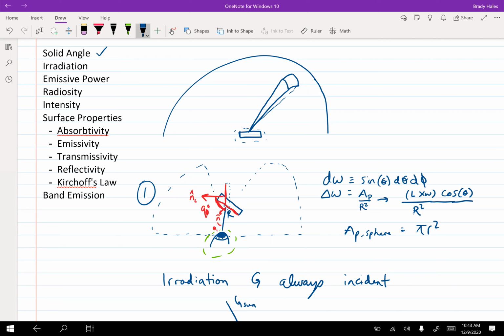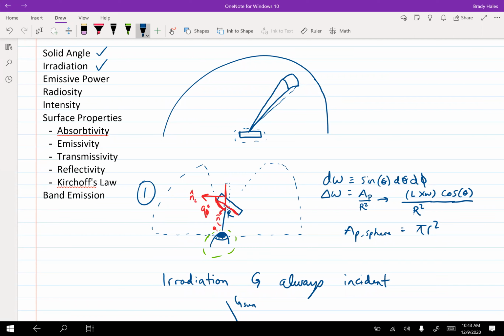For your absorber plate, the irradiation incident on the plate is also connected, not equal to, but connected to whatever the sun is emitting, its emissive power.